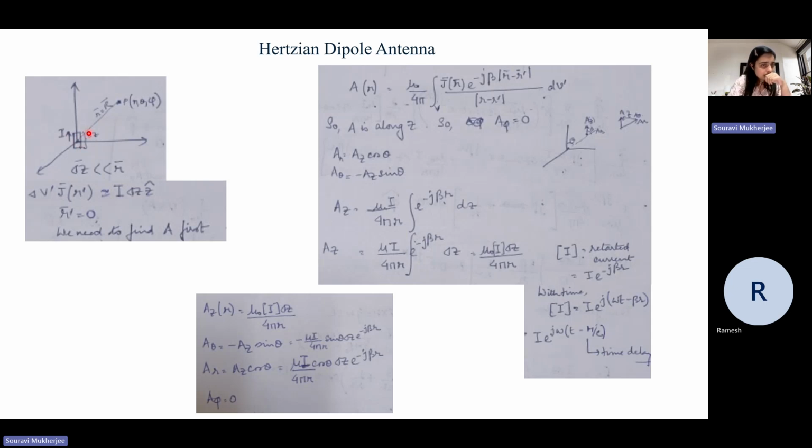If r is comparable to the dimensions, then the dimensions will play a role. So first we'll take the condition where delta z is much, much smaller than r, so the dimension is way smaller than the distance from the field point to the source. We want to find the fields, so we'll first find the potentials.